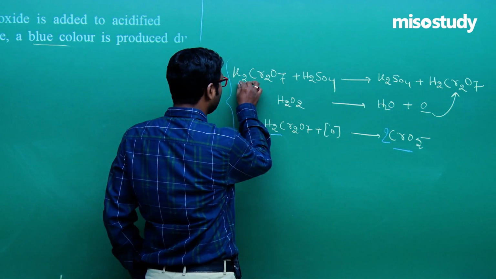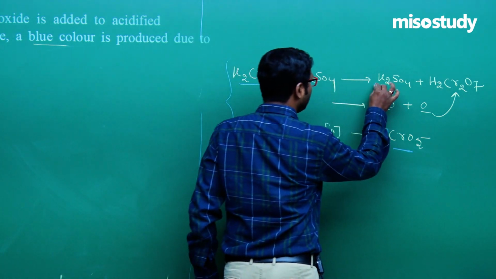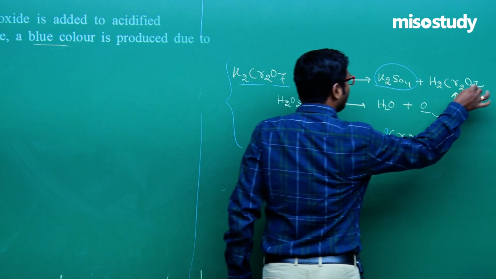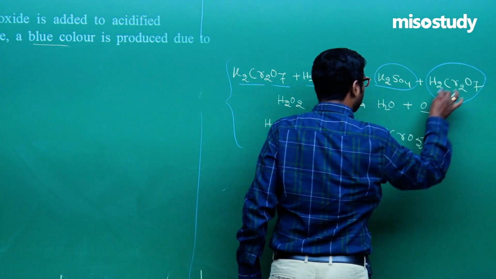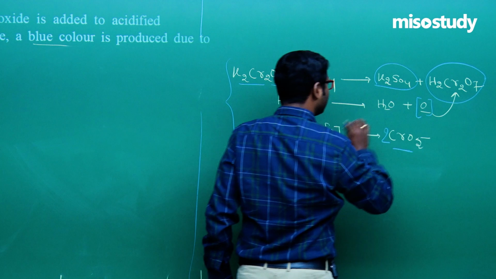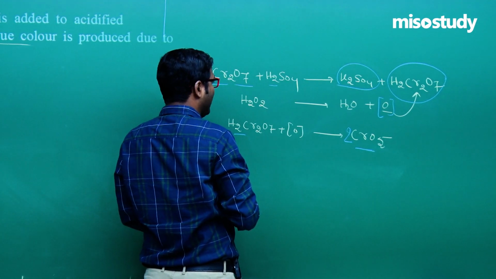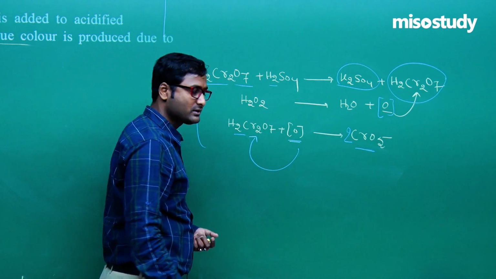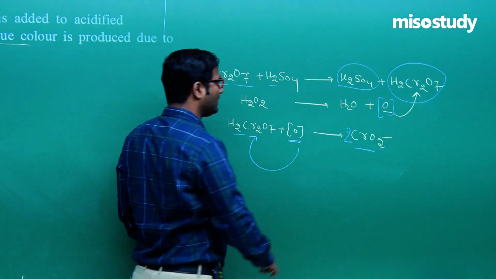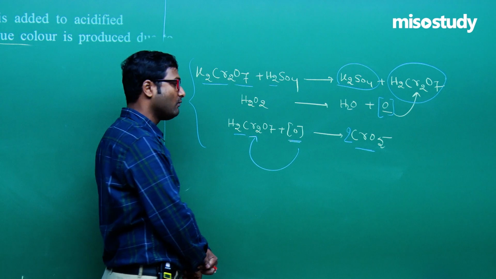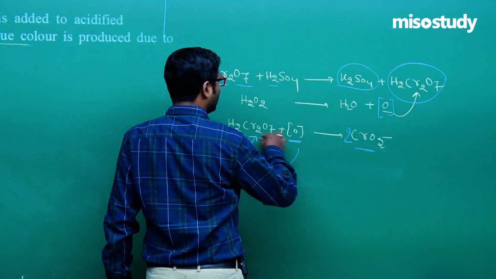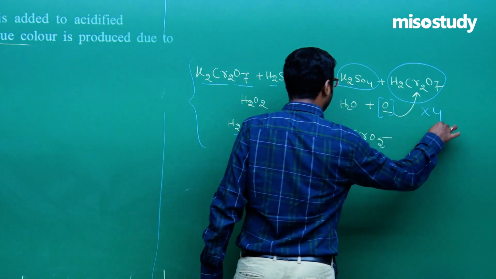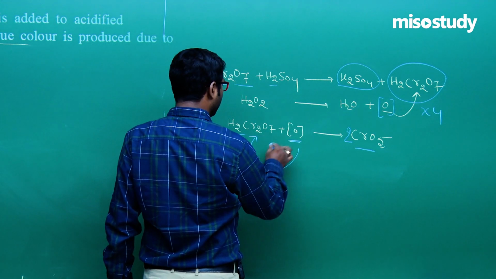Look at K2Cr2O7 gives you K2SO4 plus H2Cr2O7, and this is the nascent active oxygen, and this will attack H2Cr2O7 and it will be converted to CrO5.